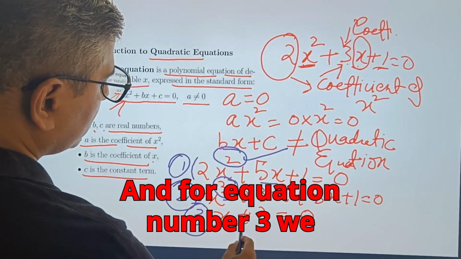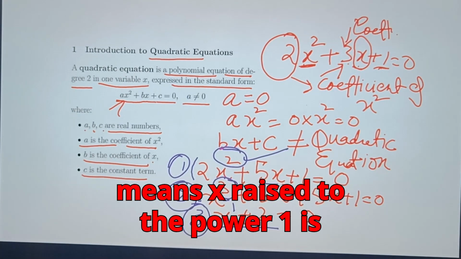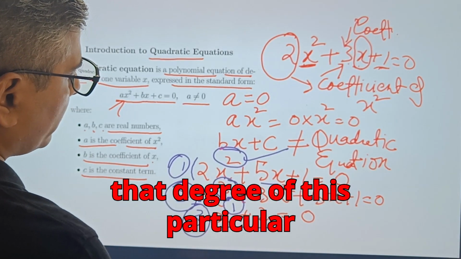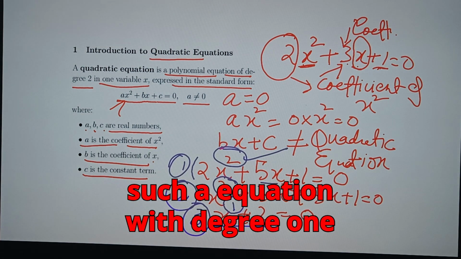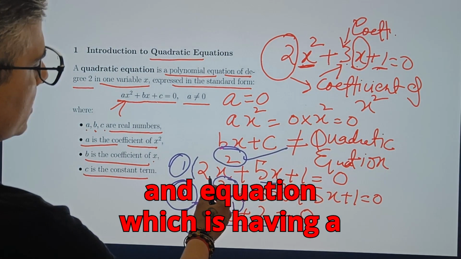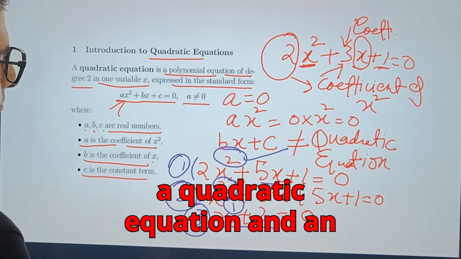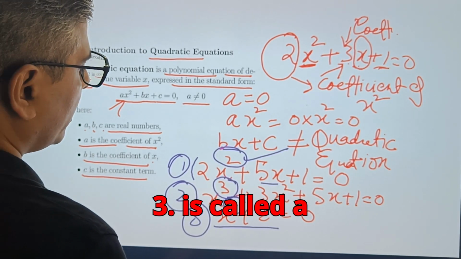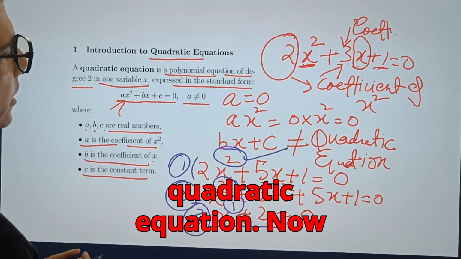And for equation number 3 we have x raised to the power 1. Therefore the degree of this equation is 1, and such an equation with degree 1 is called a linear equation, an equation with degree 2 is called a quadratic equation, and an equation with degree 3 is called a cubic polynomial. So that was all about the quadratic equation.